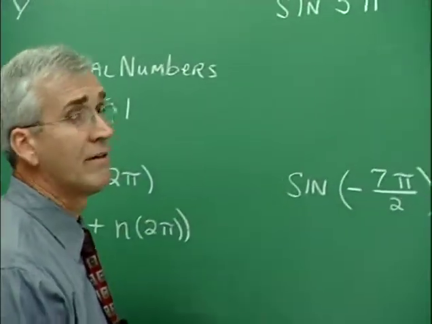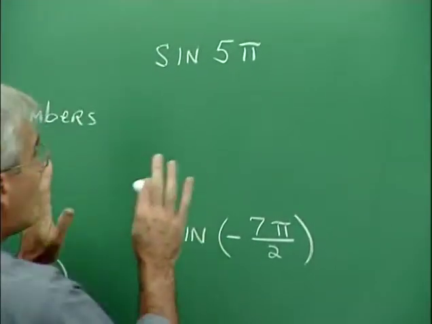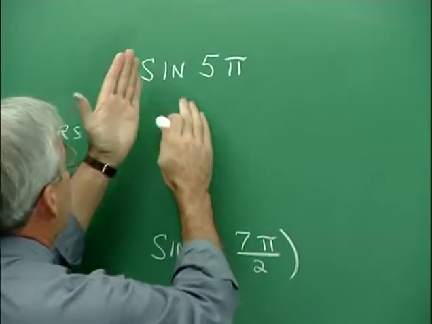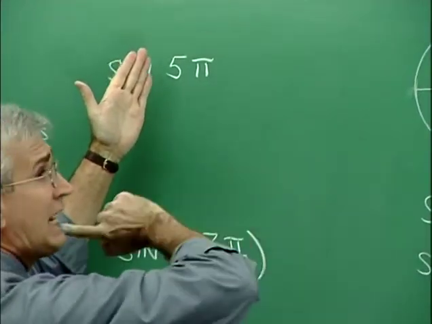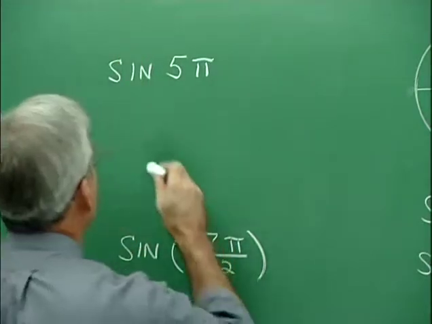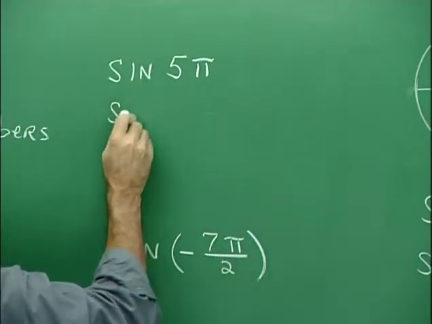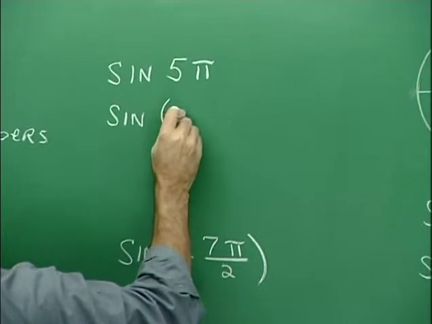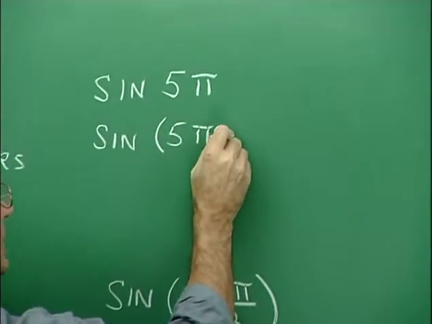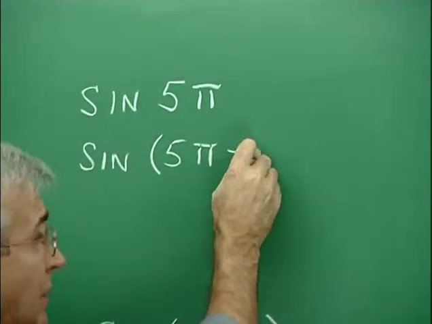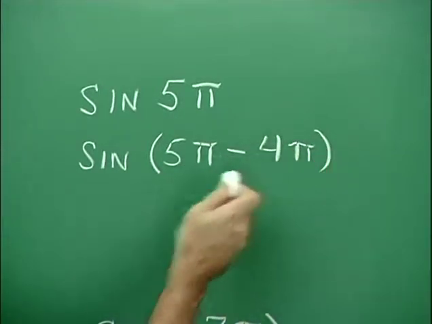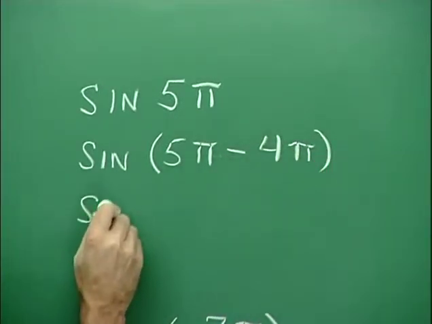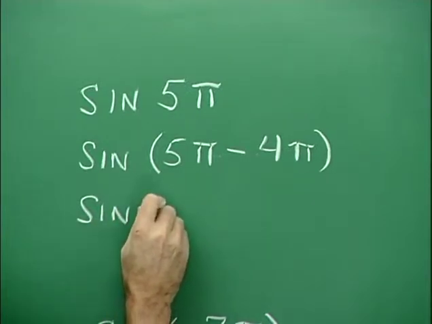Now that helps us to evaluate in situations like this. We have the sine of 5 pi. I know that this is the sine of 5 pi plus or minus any number of 2 pi units. So I can say this is the same as the sine of 5 pi minus 4 pi, that is, taking away 2 pi units. 5 pi minus 4 pi is simply pi.